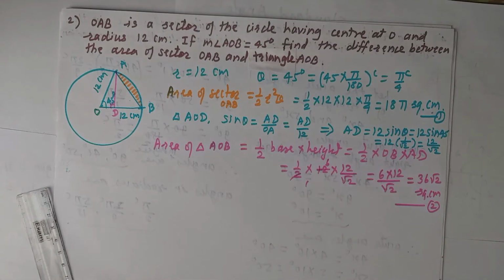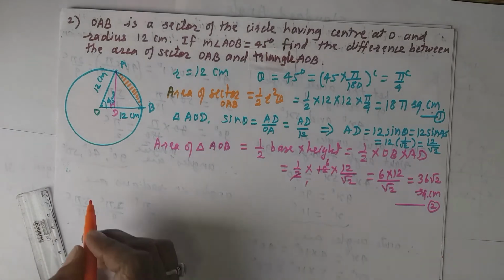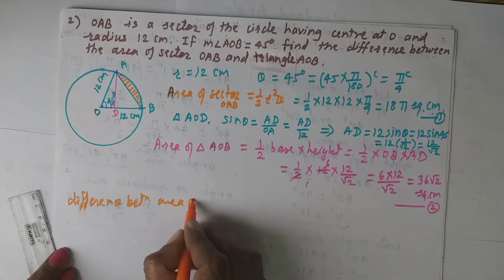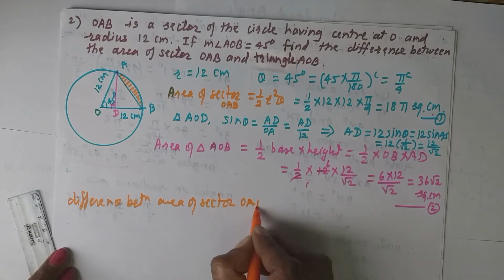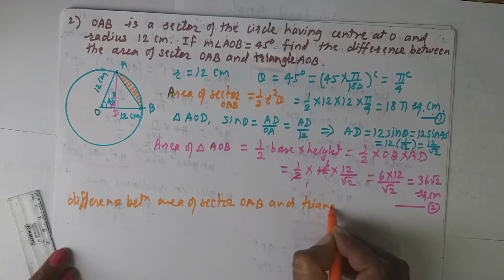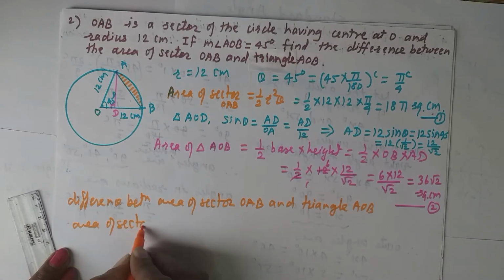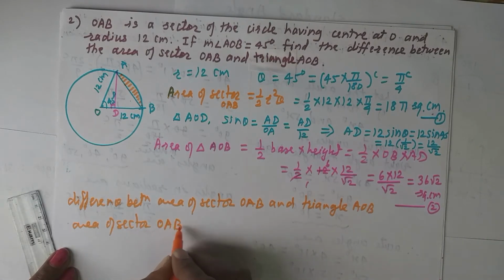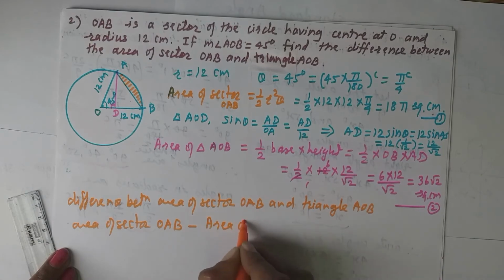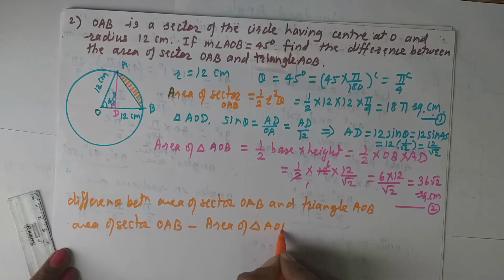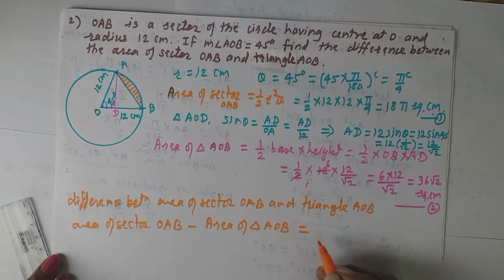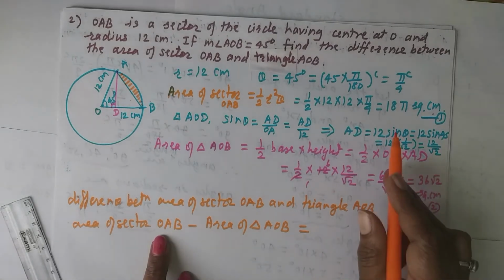Now I have to find the difference between the area of sector OAB and triangle AOB. Therefore, you take the area of sector OAB minus the area of triangle AOB. Now from equation 1 and 2, what is the area of sector?